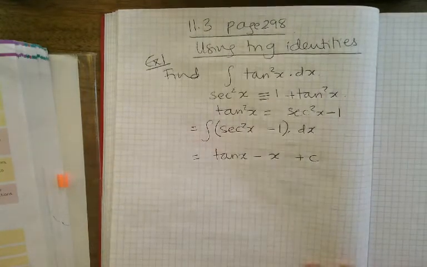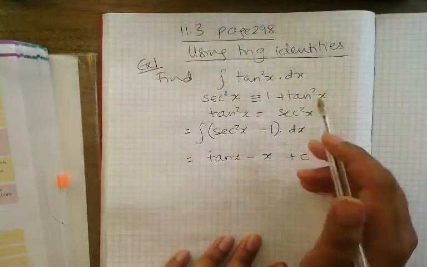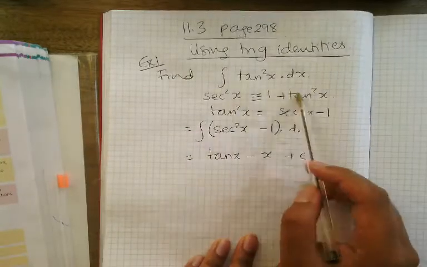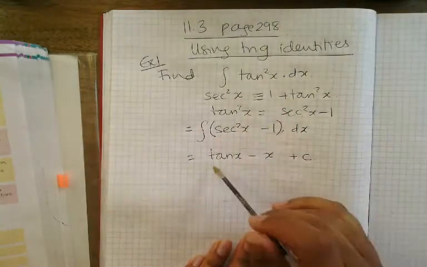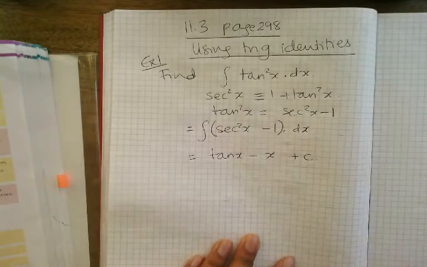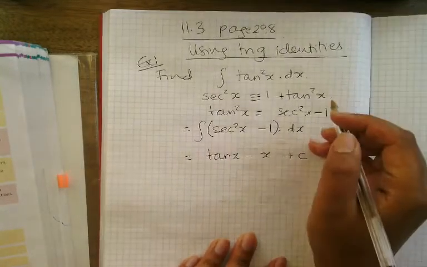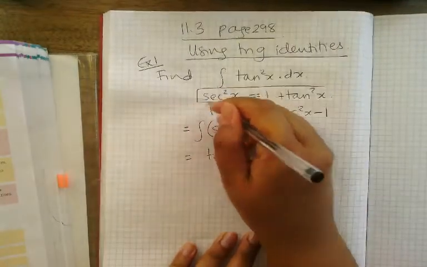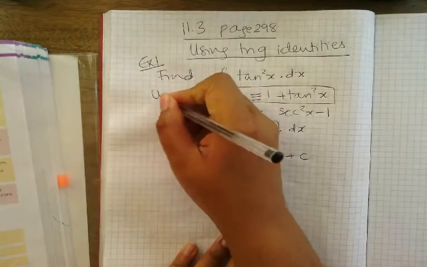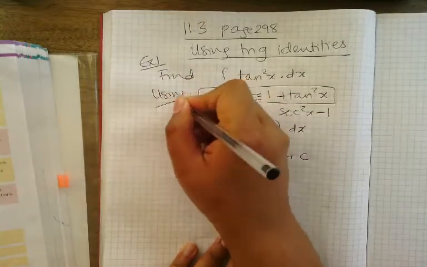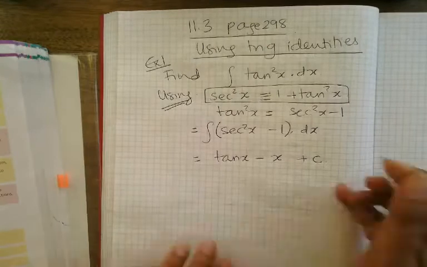So we've used the identity to help us integrate tan squared x, and our final answer is tan x minus x plus c. Don't forget that. Just make it really clear that you're using this identity. Next example.